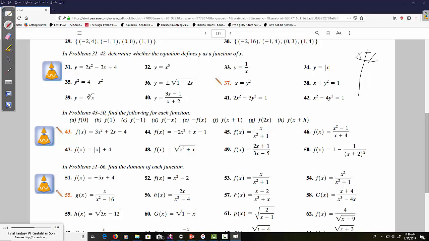If I plug in 0, I get 0. If I plug in 1, I get 1. If I plug in 2, I get 8. And no matter how many times I plug these in as inputs, 0, 1, or 2, I always get the same value. 0, 0, I'll get 1, 1, I'll get 2, 8. And if I plug in -1, I get -1.